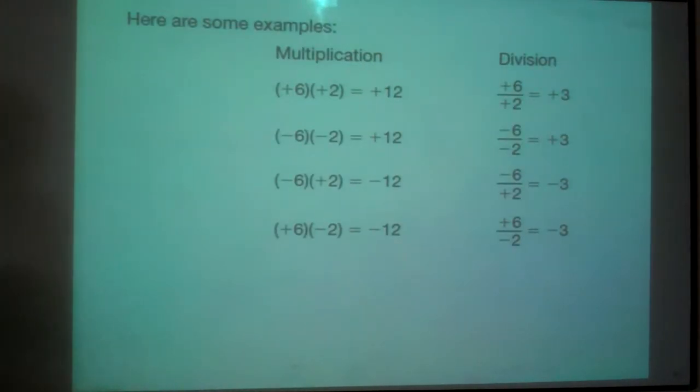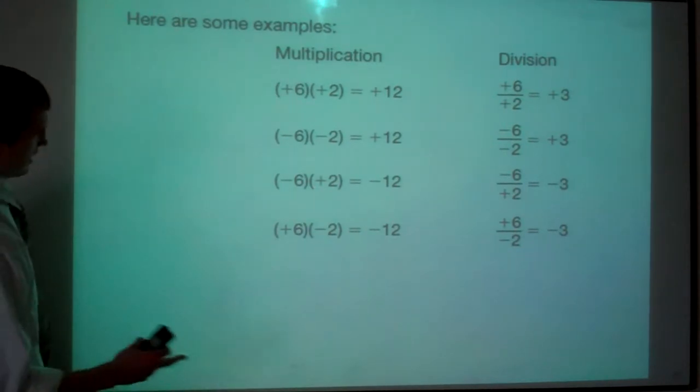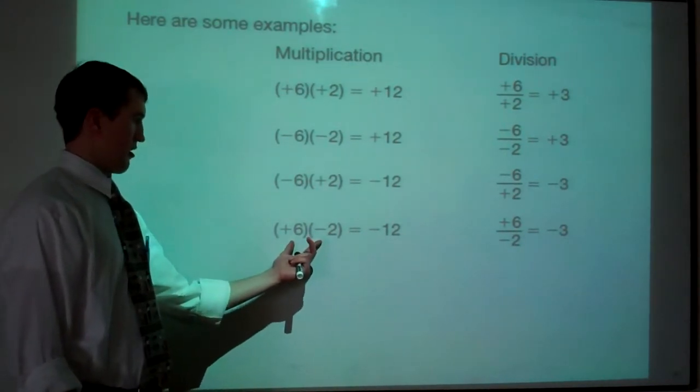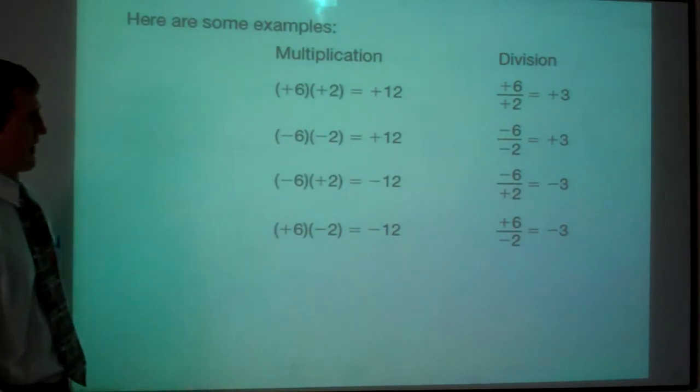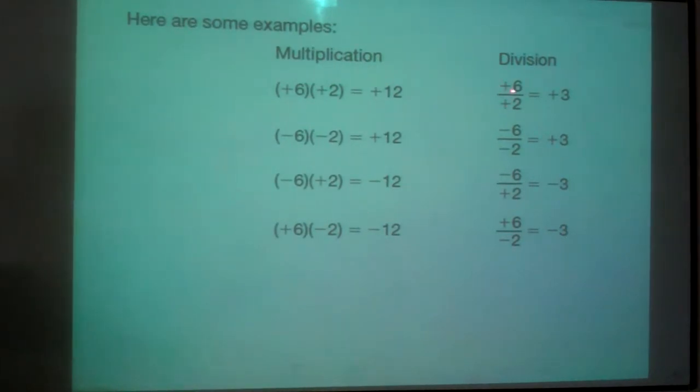So here are some examples. Notice, a positive times a positive, same sign, gives you a positive. A negative times a negative, same sign, gives you a positive. Different signs, a negative and a positive, give you a negative. And different signs here also give you a negative. And that's the same for division. A positive divided by a positive gives you a positive.